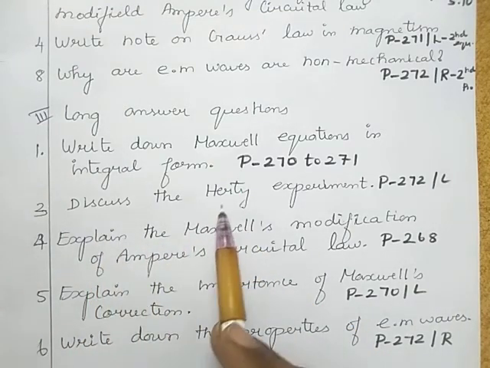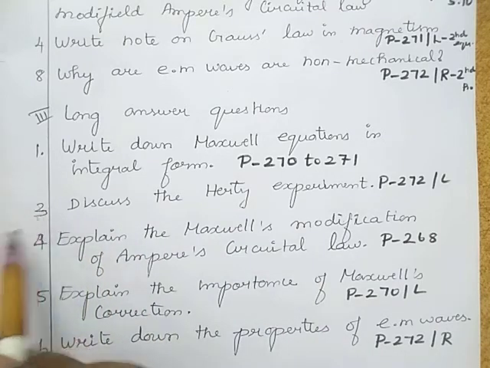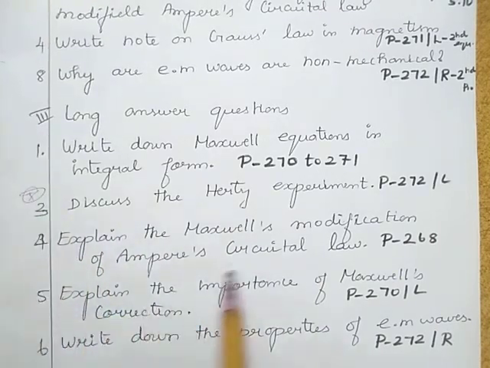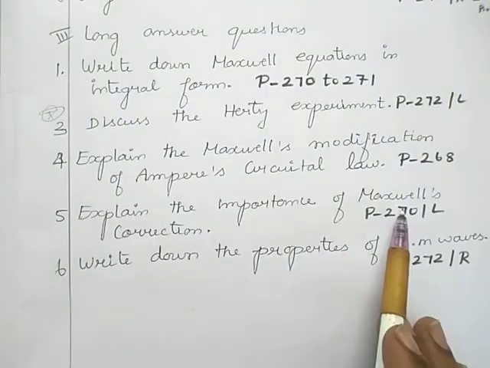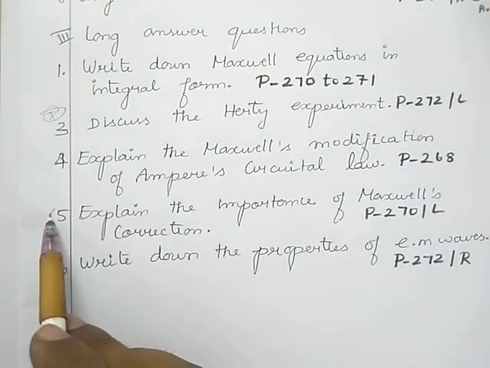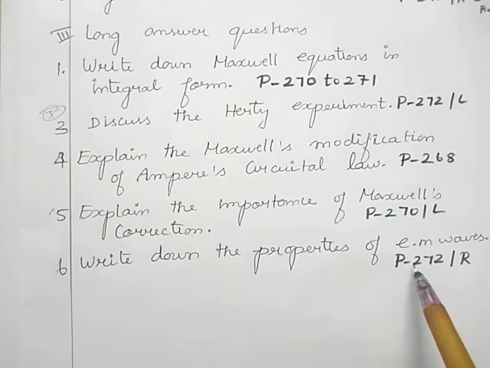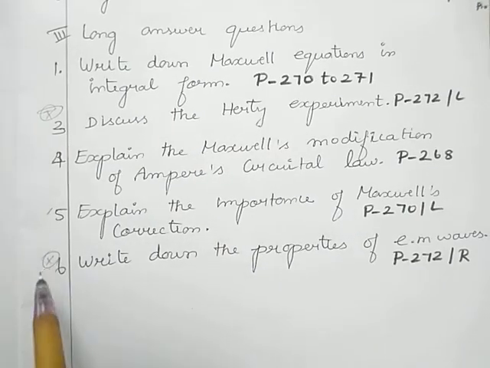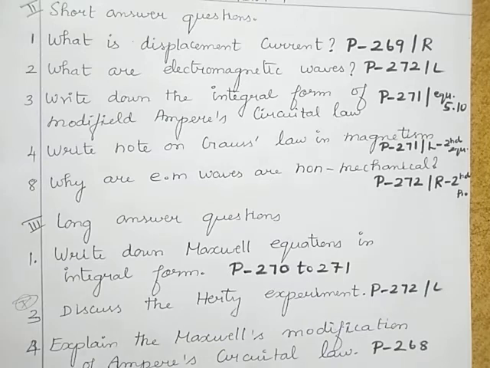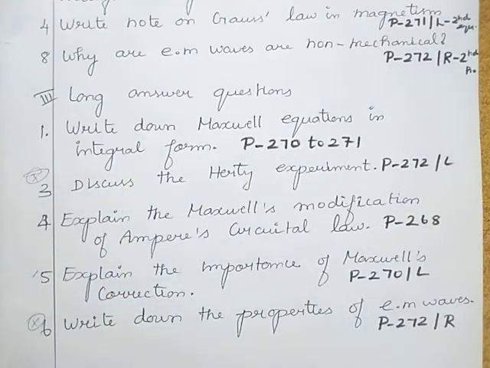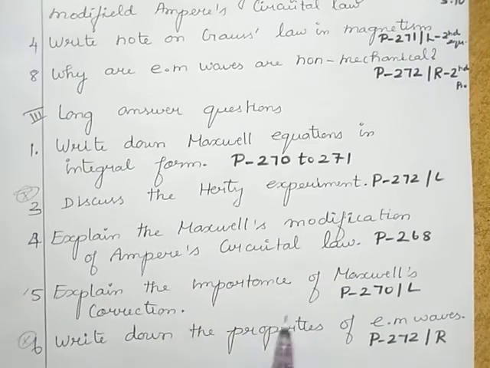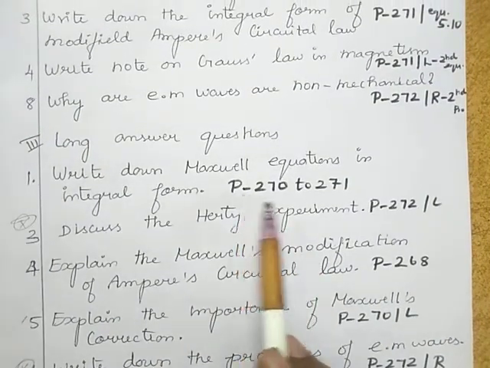Then that is an experiment, we will discuss it tomorrow. This one we already discussed. Then this one, importance of Maxwell correction, is also today's class. Then write down the properties, this will be discussed tomorrow. So you have to write 4 short answer questions and 3 long answer questions. Refer to your book, the page number is indicated here.